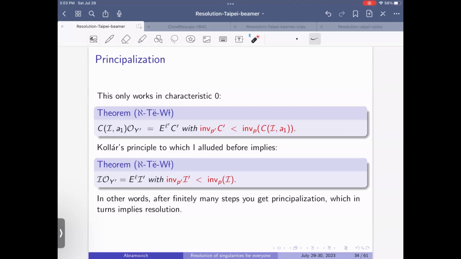Oh, thank you. Maybe even easier. You get a smooth stack which has abelian stabilizers. Its coarse moduli space is a variety with abelian stabilizers. Now, since the 90s, people have devised ways to resolve singularities of varieties with abelian stabilizers, and it's much, much easier than Hironaka.